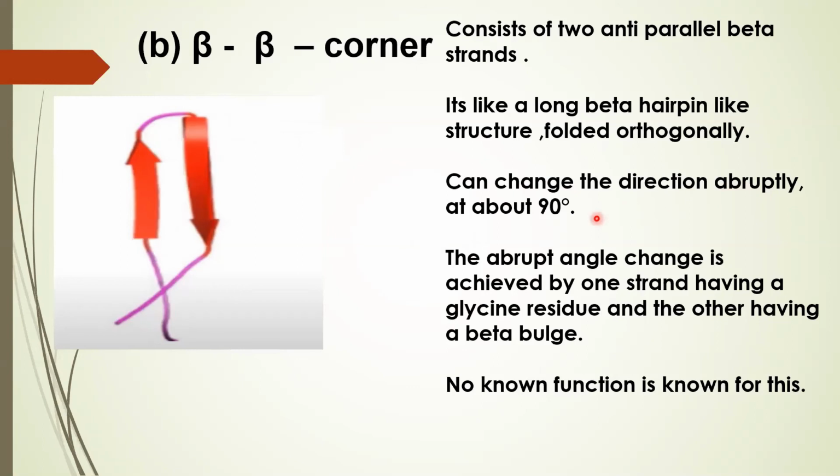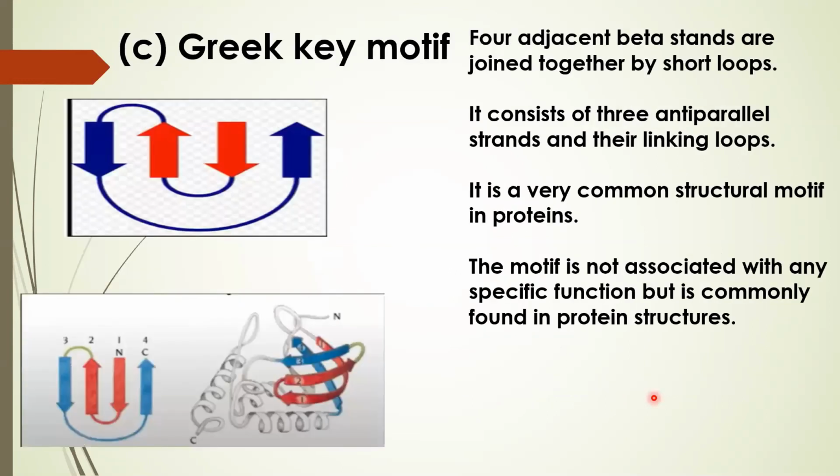It can change the direction abruptly at about 90 degrees. The abrupt angle change is achieved by one strand having a glycine residue and the other one having a beta bulge. No known function is the same. The function is not defined for this.